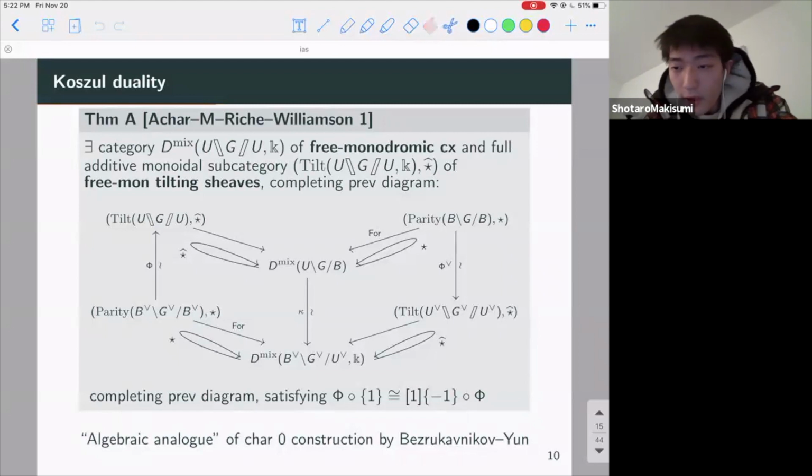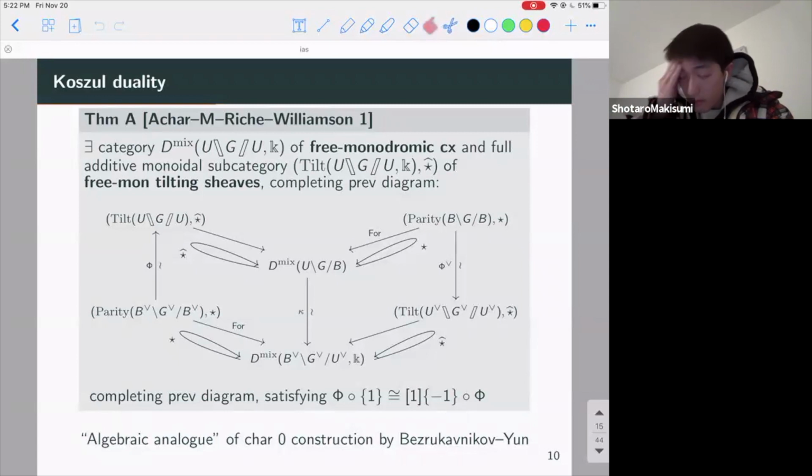And in this work, AMRW, we invented some category that filled those question marks to complete this diagram. So I should say, in characteristic 0, all of this was done by Bezrukavnikov, Yun, and others.